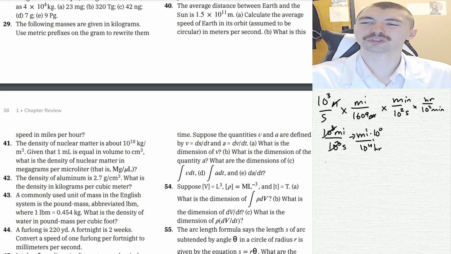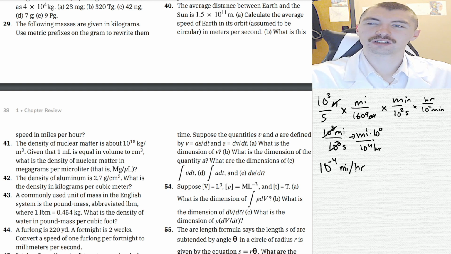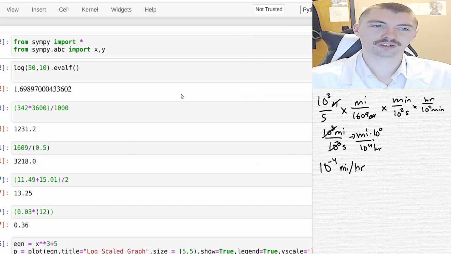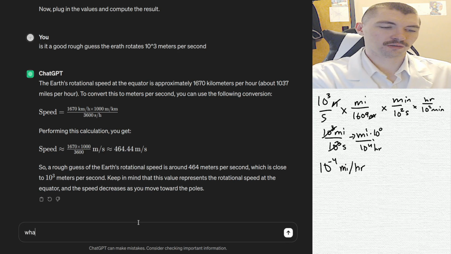So we are going to get 10 to the negative 4 miles an hour. Don't think that's right. I don't think this is close to right at all.